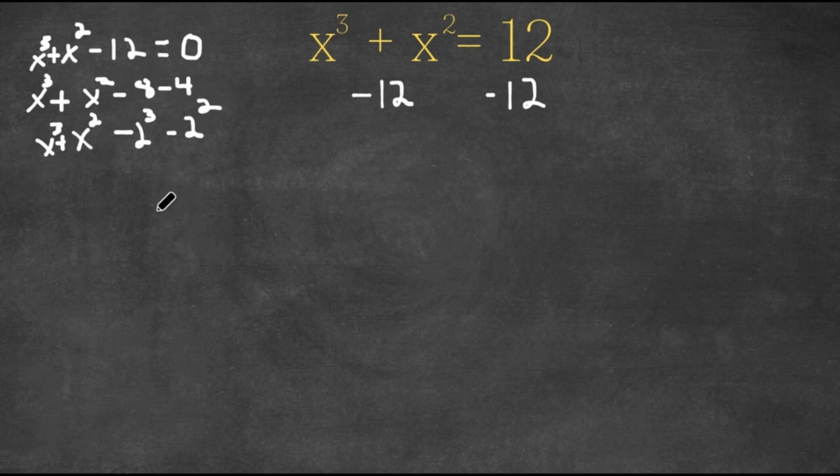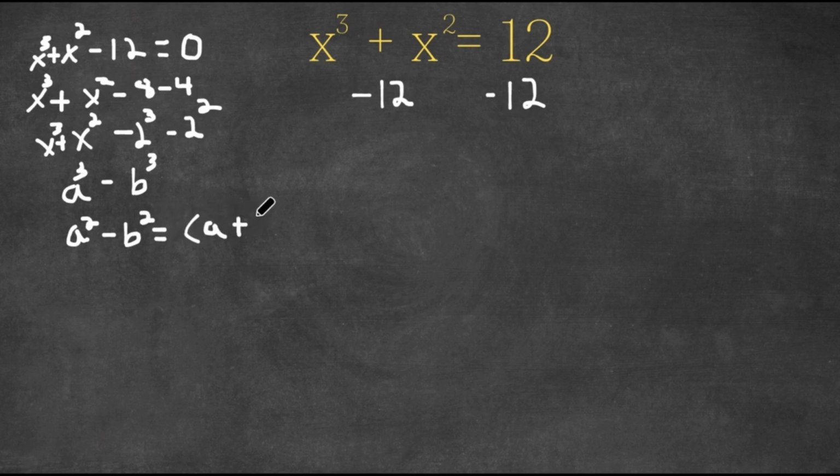two important properties are a to the power of 3 minus b to the power of 3 and a squared minus b squared. Now a squared minus b squared is simply equal to a plus b times a minus b.